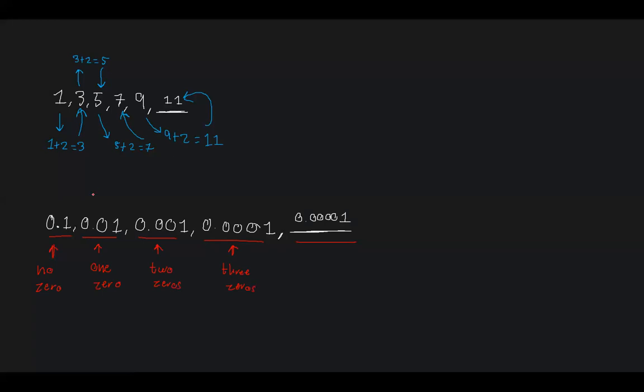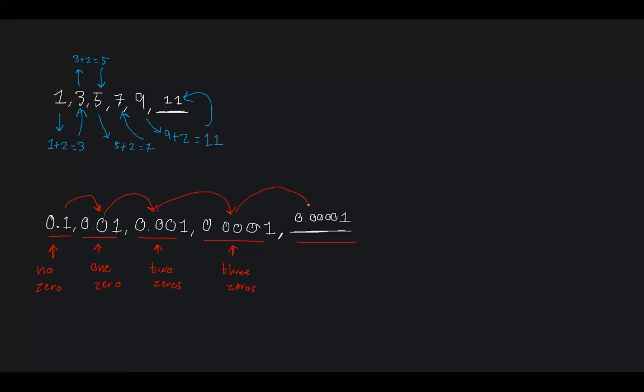As you can see, if we proceed to the next term, there is an increase of the number of zeros by 1. Here, there's no zero. Then as we proceed to the next term, we have an additional one zero. If we proceed to the next term, we have an additional one zero.